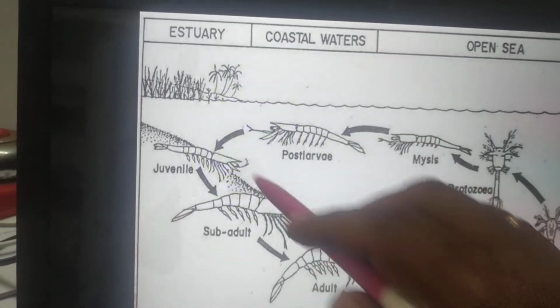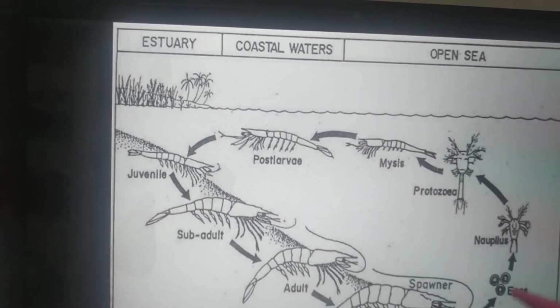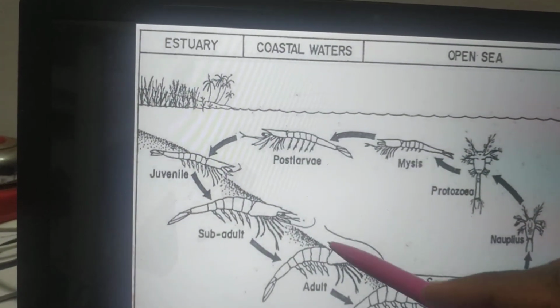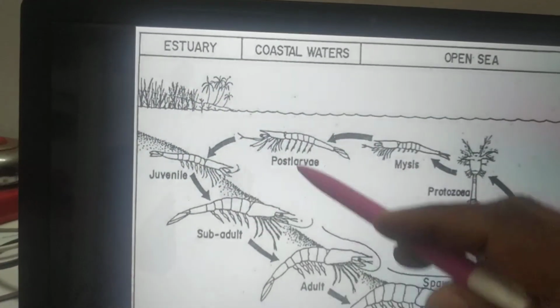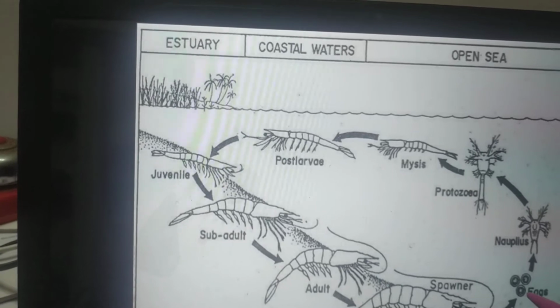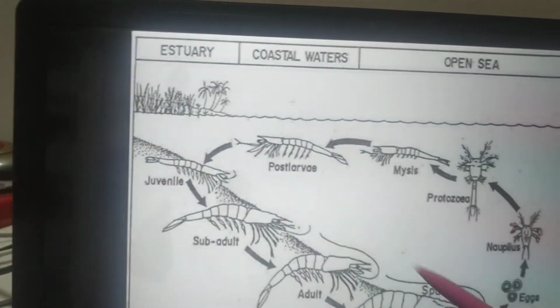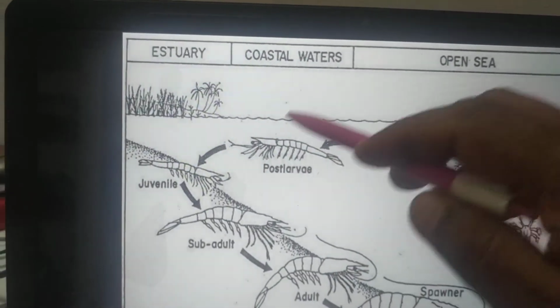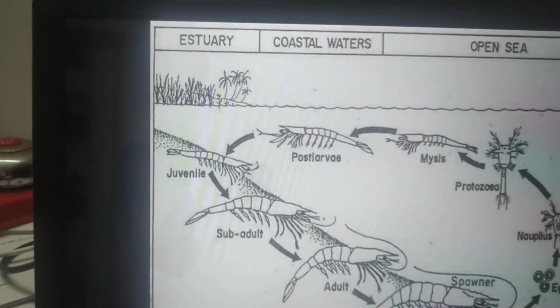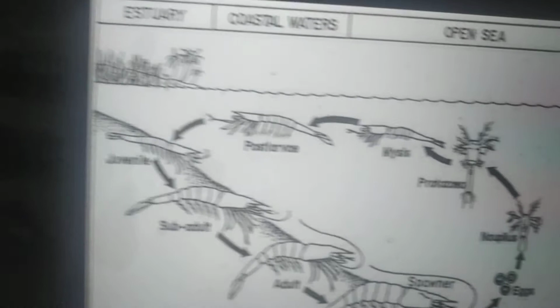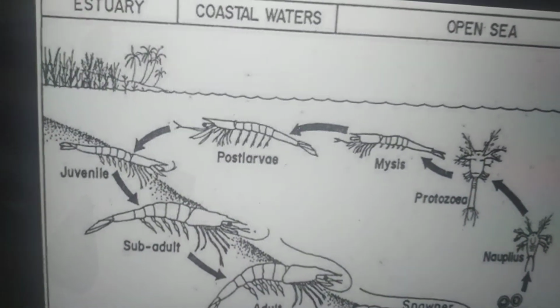So all the larval stages are in seawater, and from juvenile to adult it spends its time in the estuary. From the egg stage up to the post-larval stage is called the hatchery phase. From here onward, this phase is called the culturing or farming phase. This is the life cycle of shrimps.